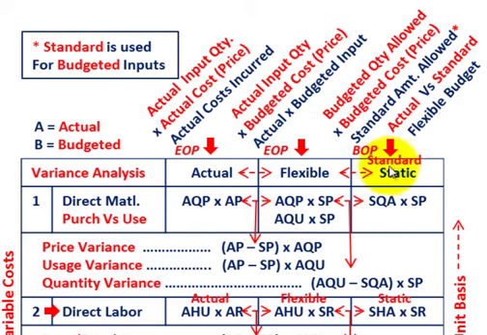So we're taking our budgeted price off our static budget and taking our actual inputs, or what we used, off the actual amounts that we had for the period. And we make that comparison between those and the overall comparison between the actual and the static amounts as well. So this is what we're looking at when we're talking about the flexible budget.